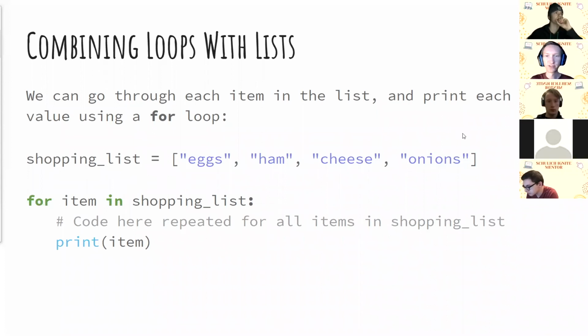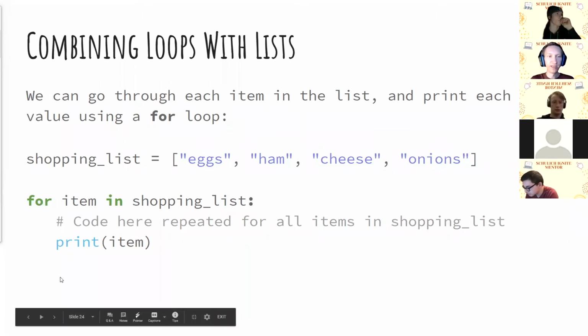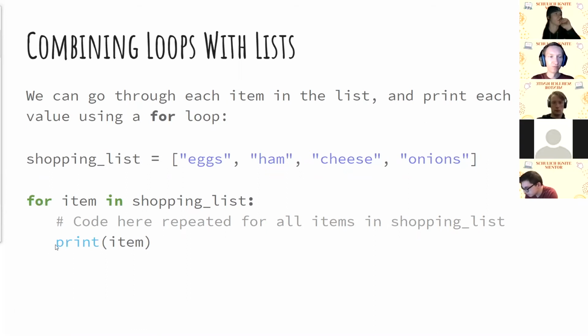So that shopping list that has our list of items. And this is similar to an if statement, has to end with a colon. And then the body of this for loop, so all the code that we want to be part of this for loop, has to be indented. So press the tab in order to get an indentation. That's just the same as for the if statement.